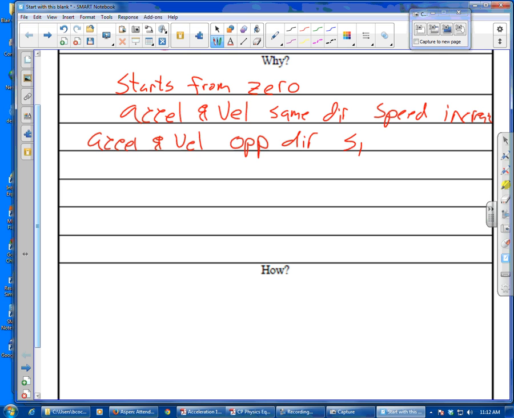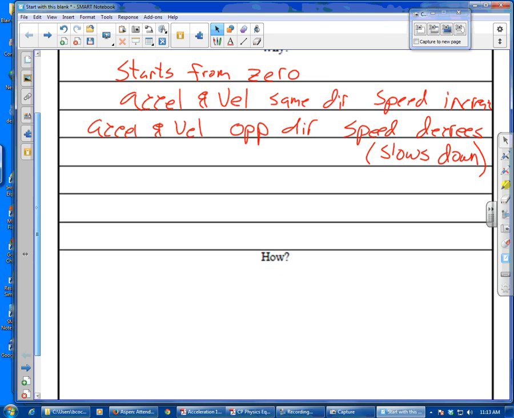So speed decreases, or she slows down. And it says eventually she comes to a stop. How fast is she moving as she stops? 0.